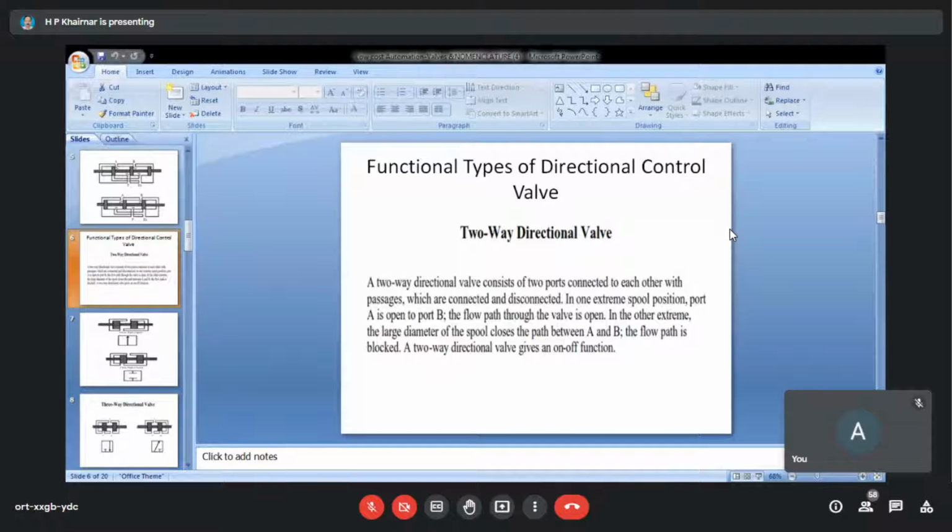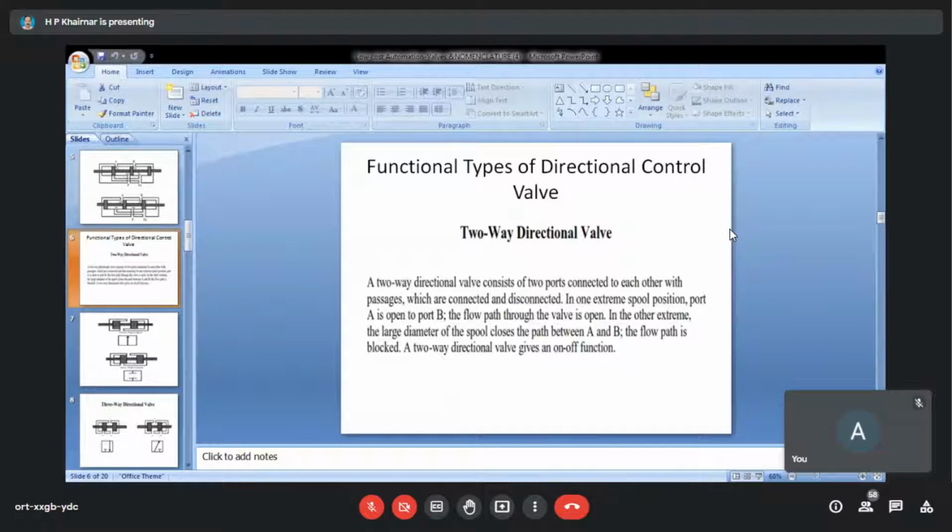Suppose for example the two-way valve. Two-way means two ports and two positions for that valve. It means on and off, these two positions it can have. And another thing is the two ports through which you can connect this valve.